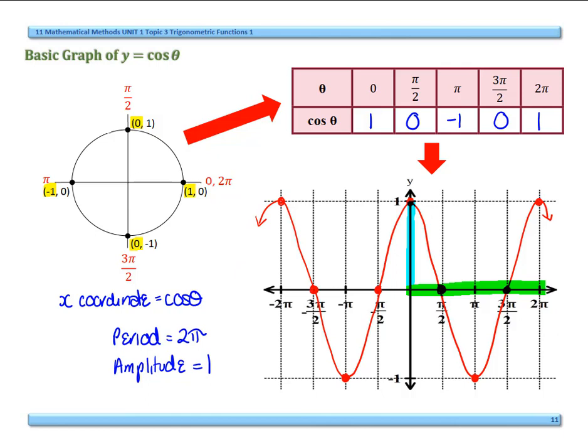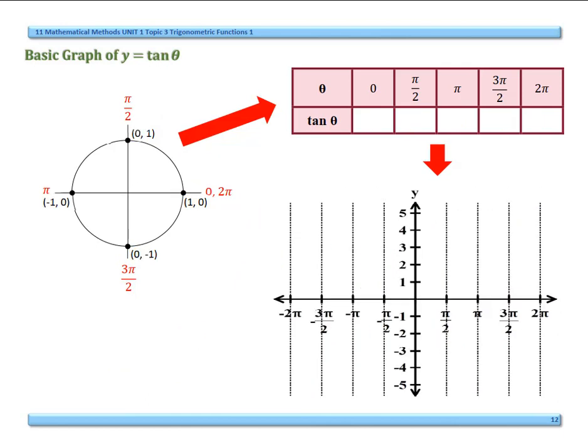Now let's look at our tan graph. Remembering that tan theta is sine theta over cos theta, or y over x. So at 0, y divided by x is 0 divided by 1, so it's 0.